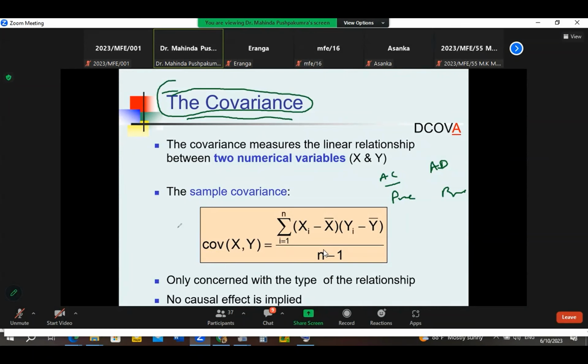This is the formula to calculate covariance. It is only concerned with the type of relationship. It shows whether we have a positive relationship or a negative relationship. No causal effect is implied, meaning it does not show whether one variable affects the other. It just shows whether they are changing in the same direction or the opposite direction.